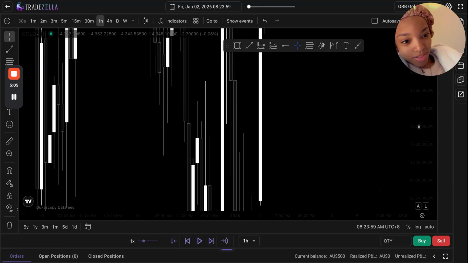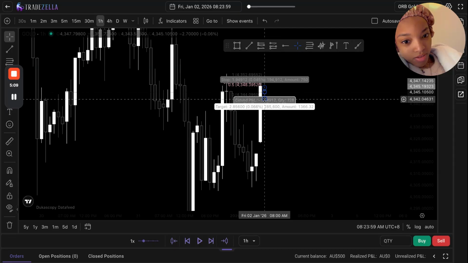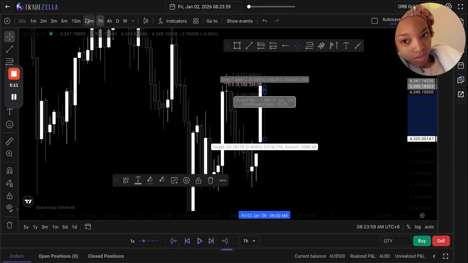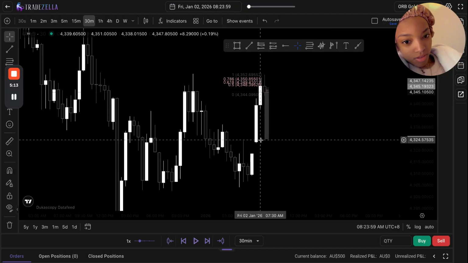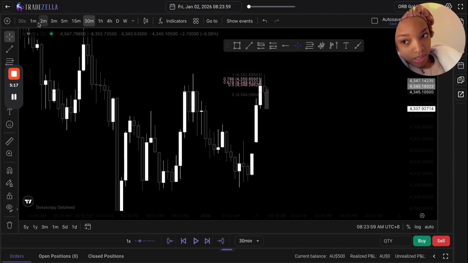Find the 1 hour. What's the next level of structure? On the 1 hour, it's far. What about the 30-minute? I guess you could say it's this fair value gap that we're about to enter into.